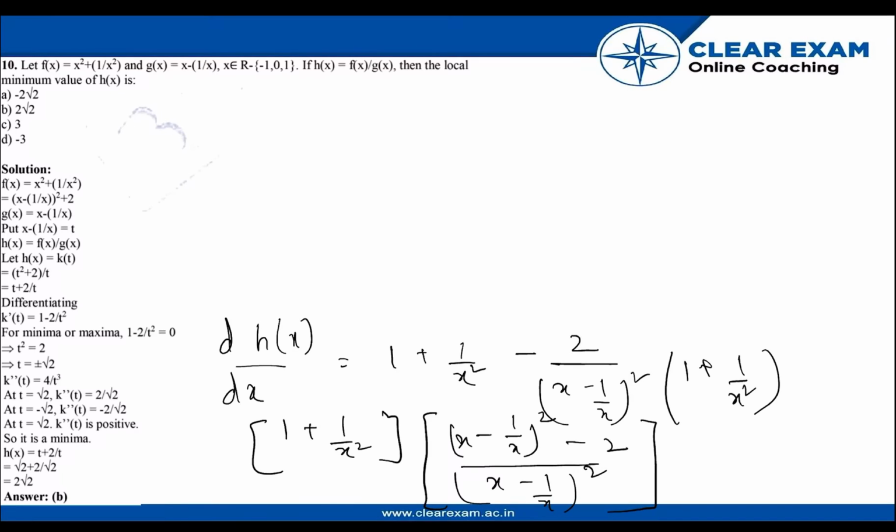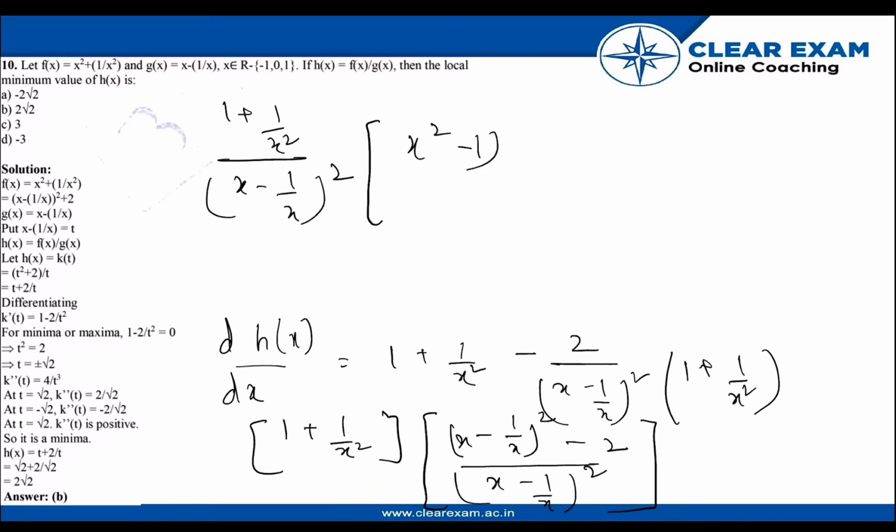Okay, so now we can write this equation as (1 + 1/x²) upon (x − 1/x)² into [(x² − 1)² − 2x²] upon x². Sorry.